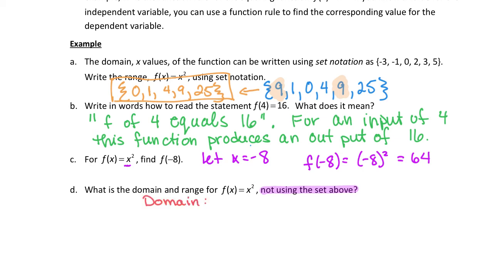The domain here, I can put in any number I want to. There's no number that's off limits. For example, the only time that something's off limits is if I end up with like a square root of a negative number. That's never good. Or if I end up dividing by 0. You can never ever divide by 0. And I'm not going to have either of those things happen here. So my domain is going to be all real numbers.